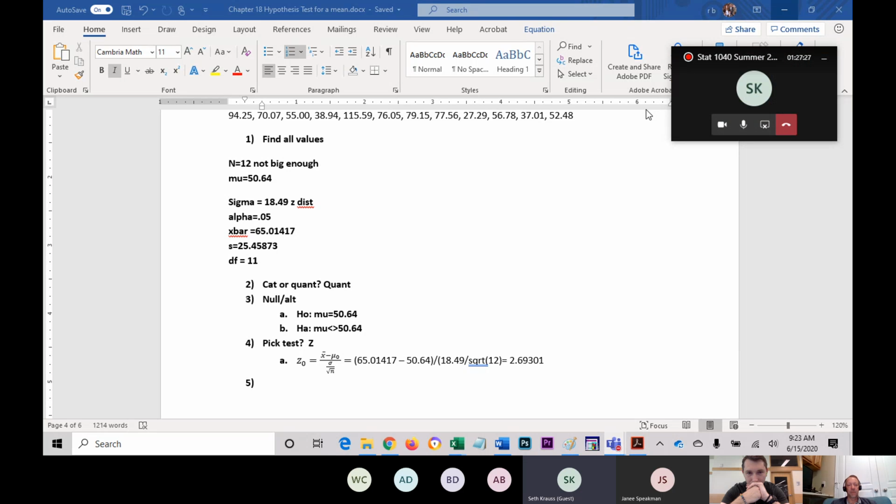We compare to alpha. We need to find the p-value first before we do that. Yeah, we find the p-value. So how do I do that? We need to go to our chart.